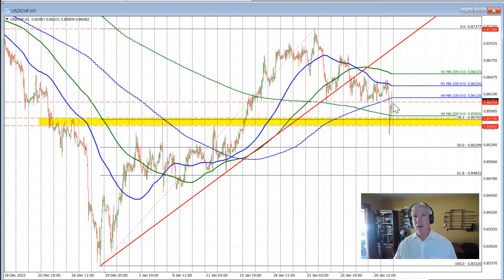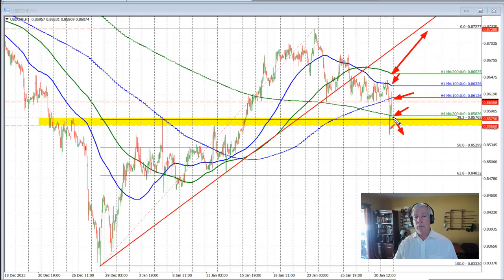We're currently trading in between these two moving averages, the blue line on the 4-hour chart at 0.8612 and 0.8582.